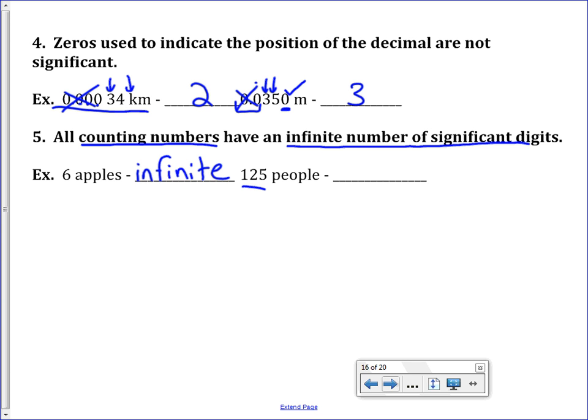We can't have 124.75 people. We know we have to have an exact number. So again, because it's an object that we have counted, it has an infinite number of significant figures. So those are our rules for counting significant figures. It is your job to make sure that you know those and how to determine whether a number is significant or not.